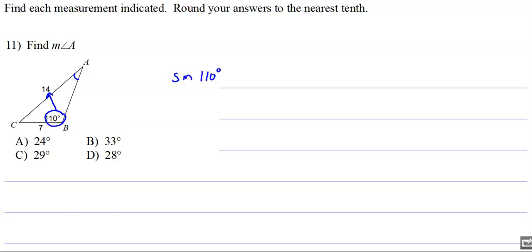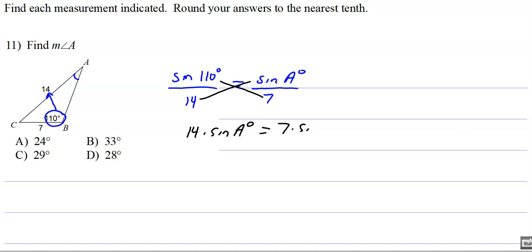So sine of 110 across from 14, the sine of A, I don't know, across from 7. Little cross multiply action. So 14 times the sine of A equals 7 times the sine of 110, divide by 14, divide by 14.